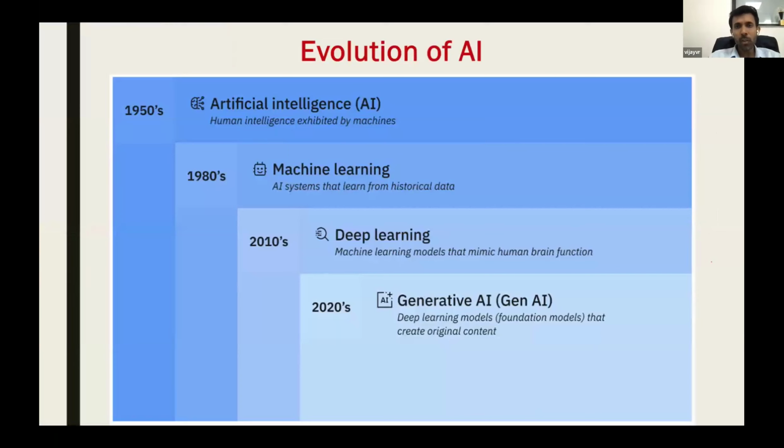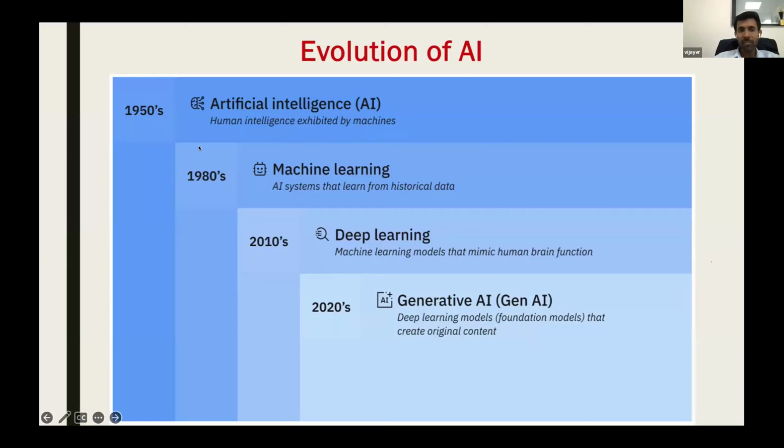Now I'll talk about the evolution of AI. We might have heard about AI in recent times, maybe in the last 5 years or at most 10 years. But in fact, the concept of AI emerged in the 1950s itself, about 75 years ago, in the US.